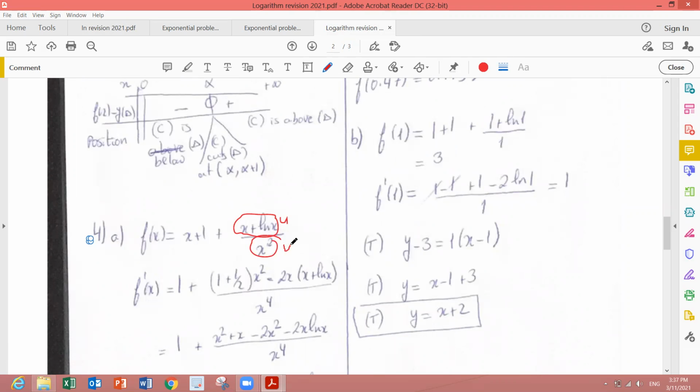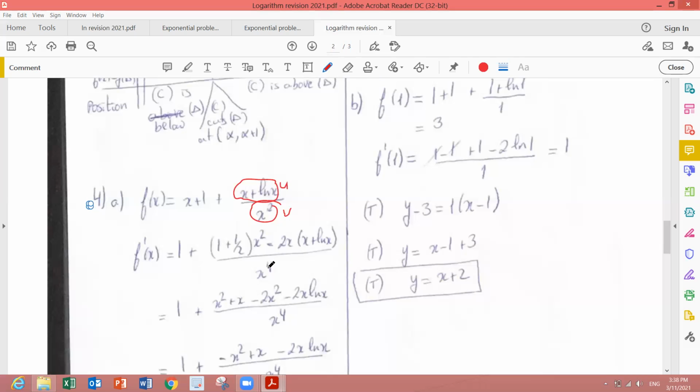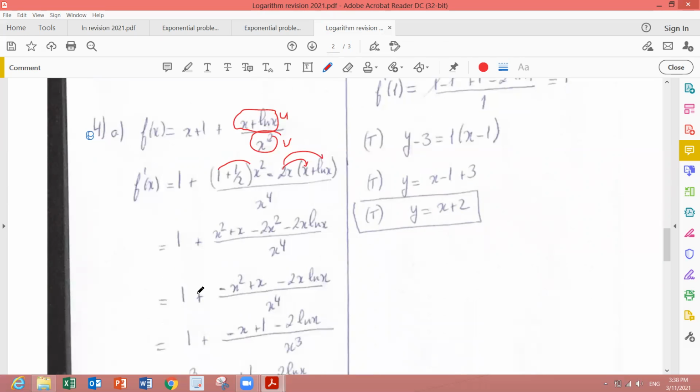U prime is 1 plus 1 over x, into v, which is x squared, minus v prime 2x into x plus ln x, over v squared, which becomes x power 4. So it will be 1, we expand: x squared plus x minus 2x squared minus 2x ln x over x power 4.